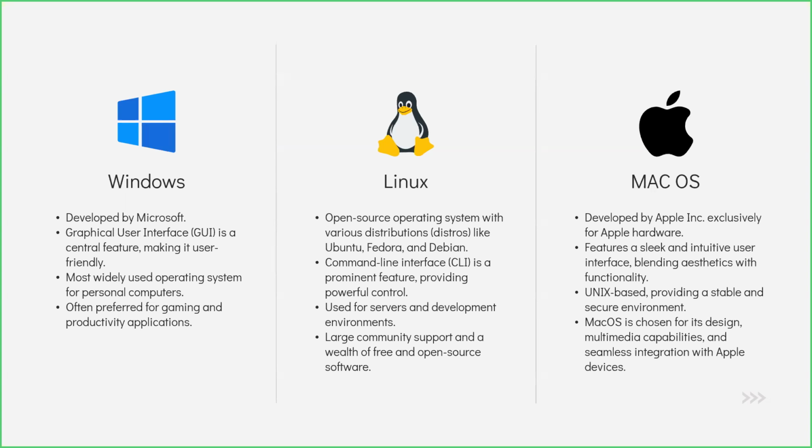So it provides a very stable and secure environment, just like Linux operating systems. And the Mac operating system is specifically chosen for its design, its multimedia capabilities, and its seamless integration and connectivity among Apple devices. So that connectivity between iPhones, iPads, your MacBooks, and whatnot is all top notch.